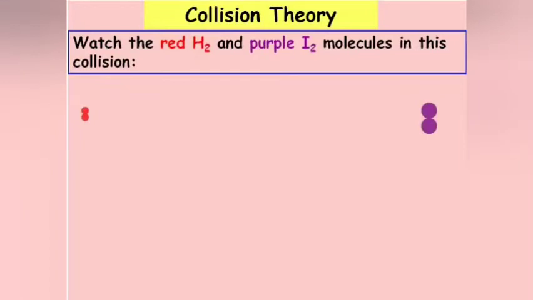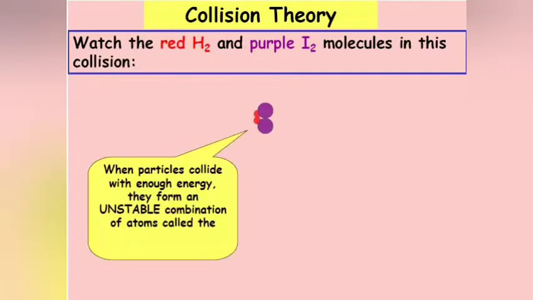Let's consider this collision, this time with a little more kinetic energy. When the particles collide with enough energy, they form an unstable combination of atoms. This is called the activated complex, and in this case it has the formula H2I2.